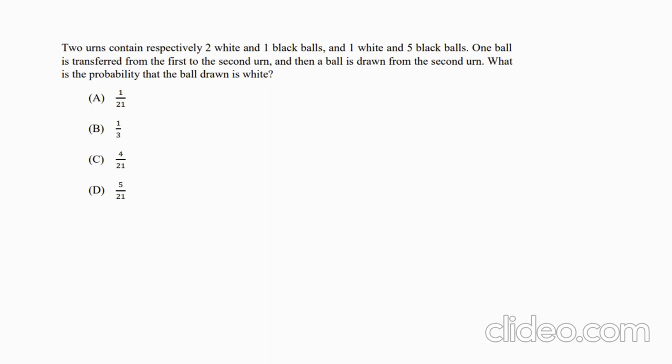Okay, now the question here is that we have two urns. So let's say this is urn 1, this is urn 2. Now in urn 1 we have two white and one black ball.